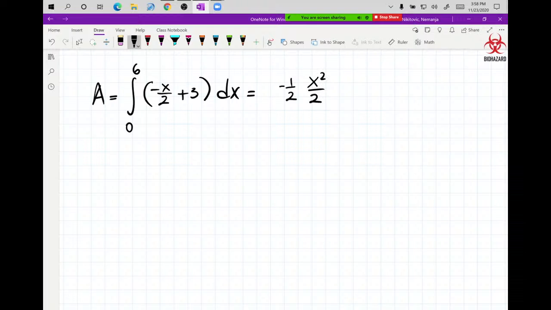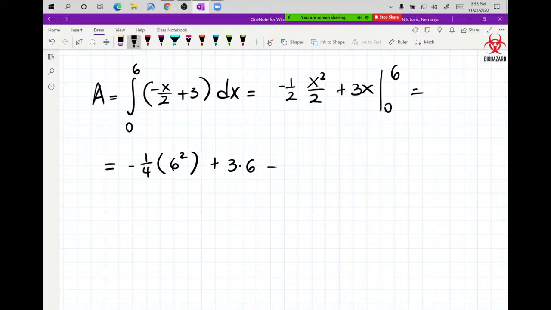Then you get your x squared over 2, integral of x, plus 3x computed from 0 to 6. Now this is going to be negative 1/4 times 6 squared plus 3 times 6, and then minus negative 1/4 times 0 squared plus 3 times 0.